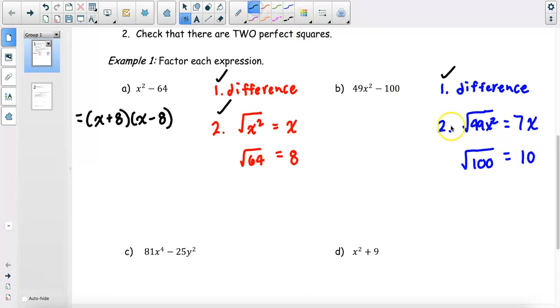So since these can both be square rooted, they are perfect squares, it has the difference. So this is our difference of squares that we can write as 7x plus 10 and 7x minus 10. If you were to expand this by using FOIL, you would get this exact same answer here.